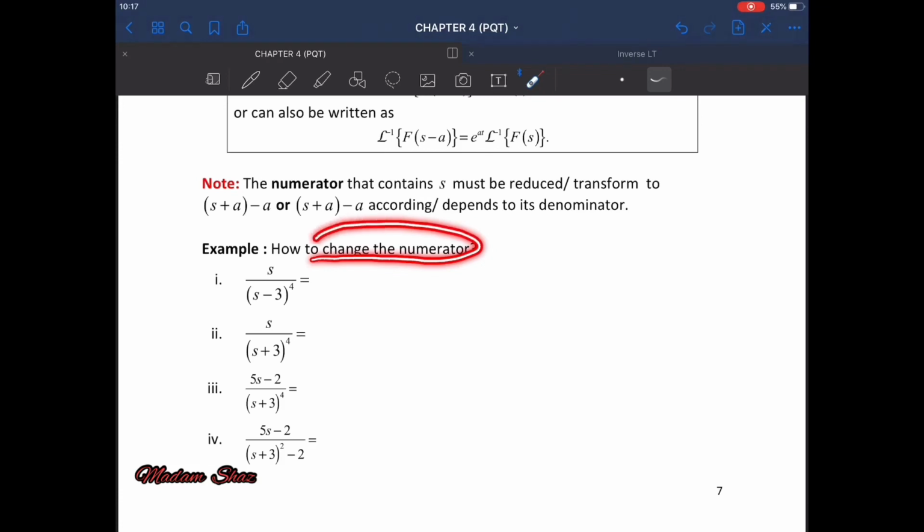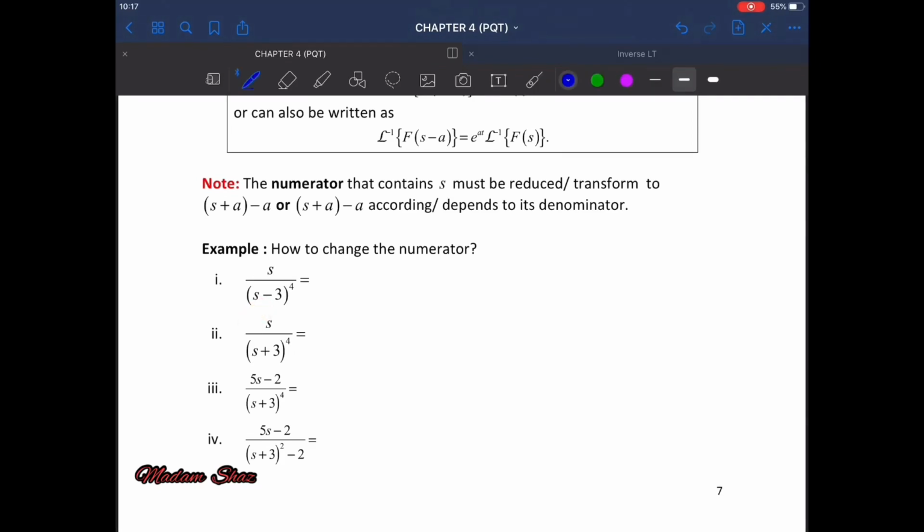Example 1, how to change the numerator. You have s at the upper side, but at the bottom side we have (s minus 3) with the power of 4. Okay, so now we want to make s at the upper side become the same thing as the bottom side.